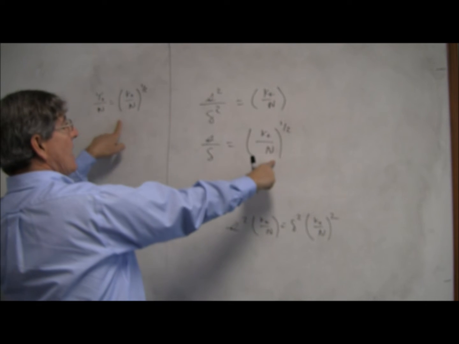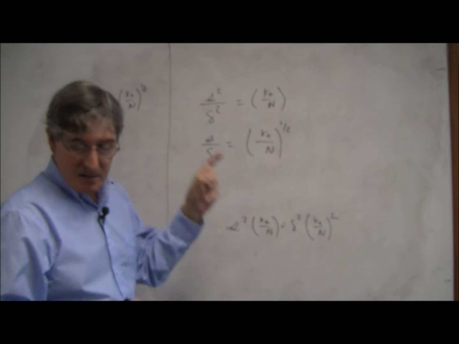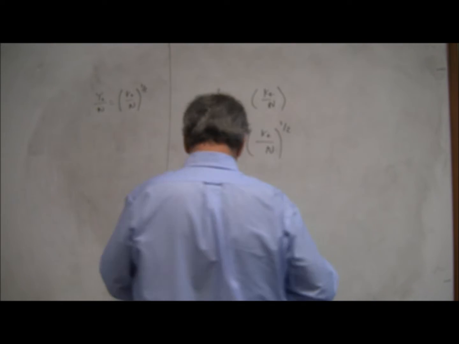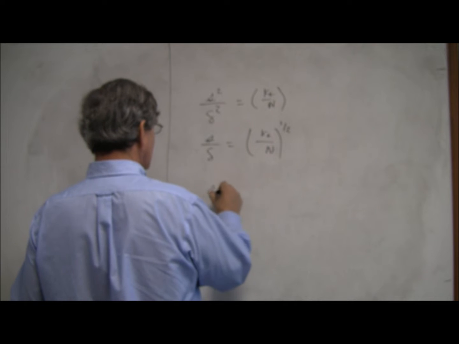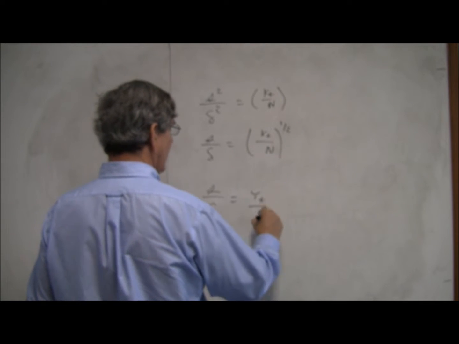But look, that's just output, right? And so what we have is a relationship between the standard of living, s, and delta. So s over delta equals yt over n.